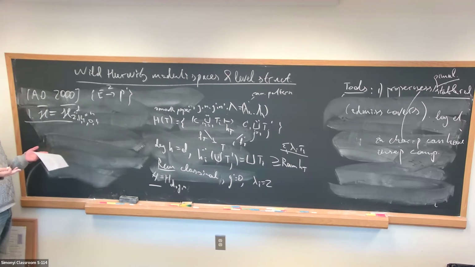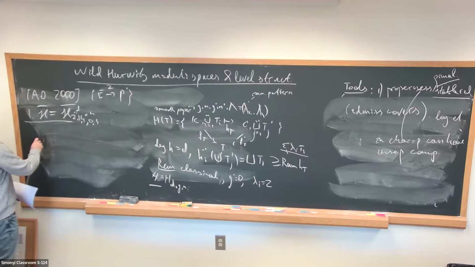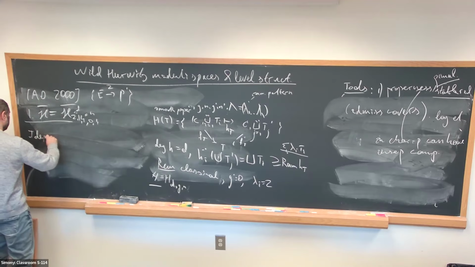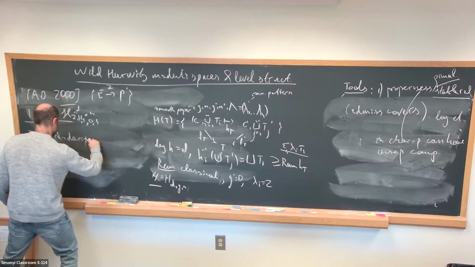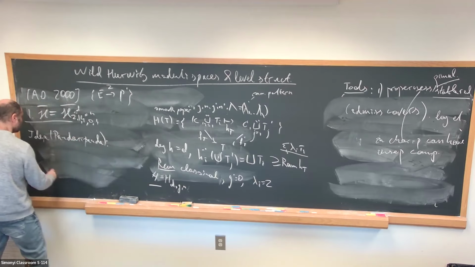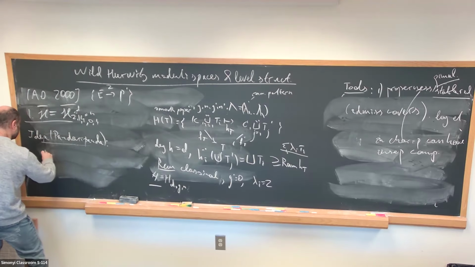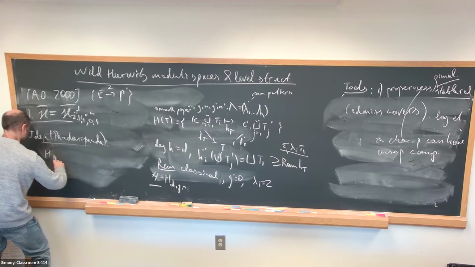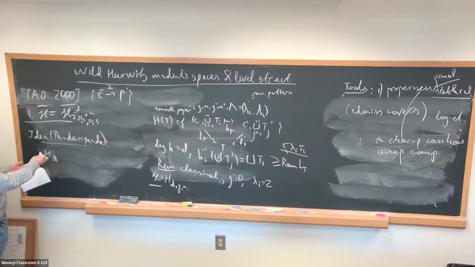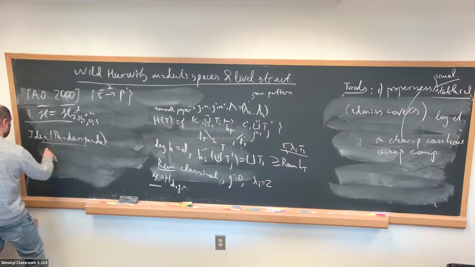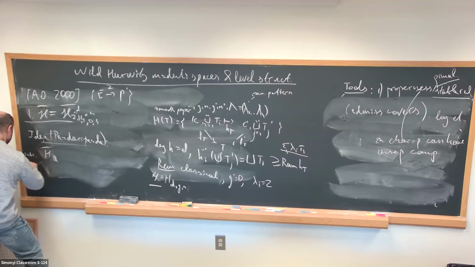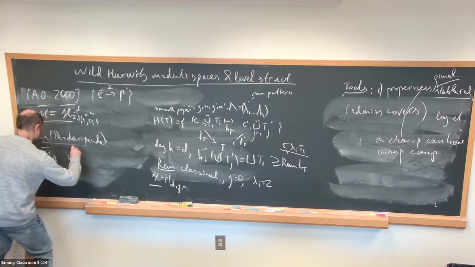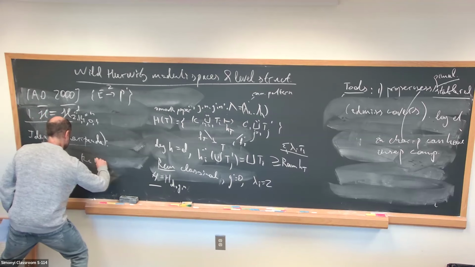And the idea by Pandharipande was that if you take H over Q, we take its schematic closure in the moduli space of maps.